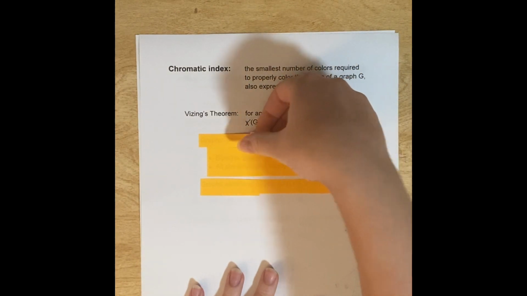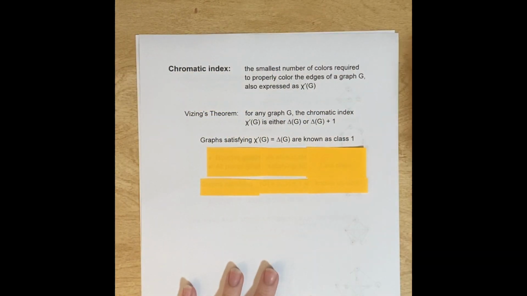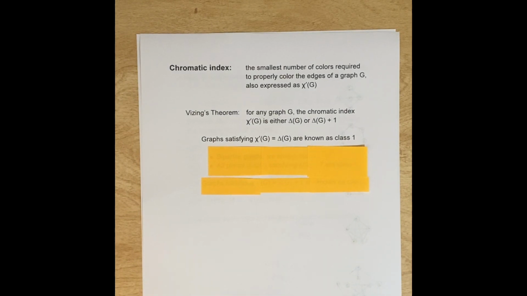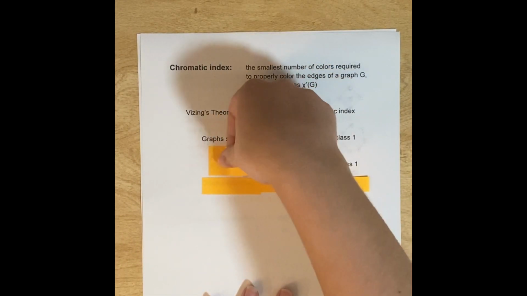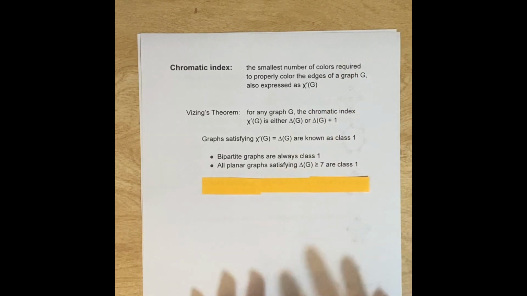And so breaking this down even further, we can classify graphs satisfying the chromatic index equal to the largest degree of any given vertex as class 1. Class 1 graphs include all bipartite graphs and all planar graphs satisfying the largest degree greater than or equal to 7.